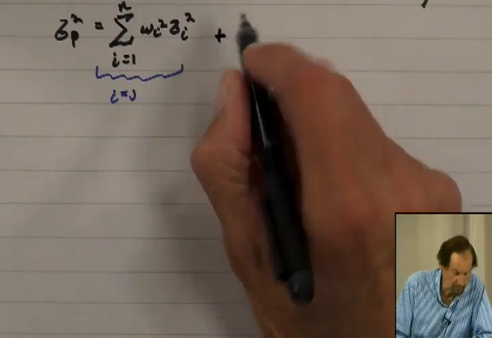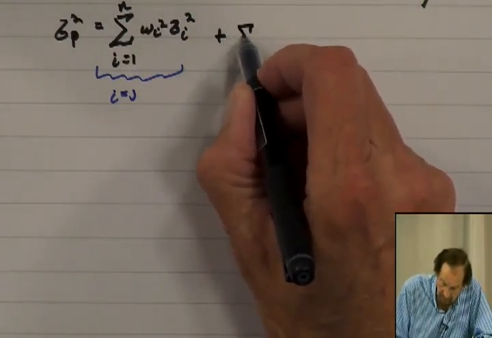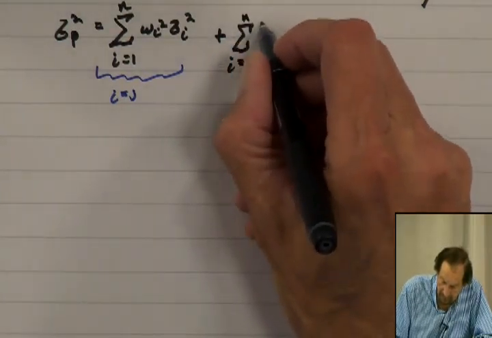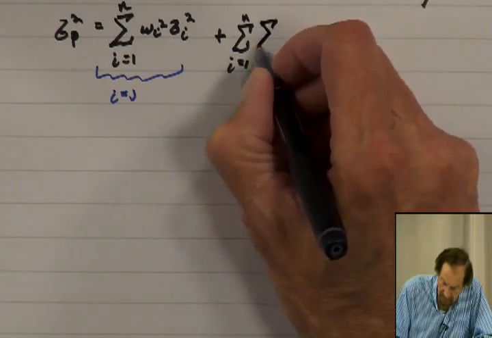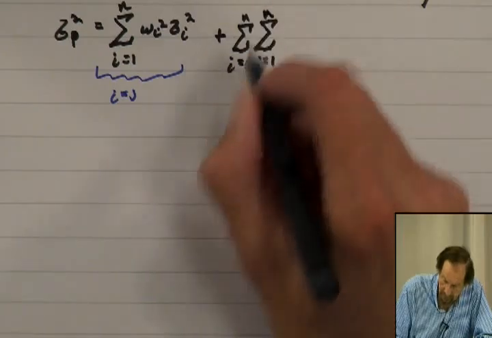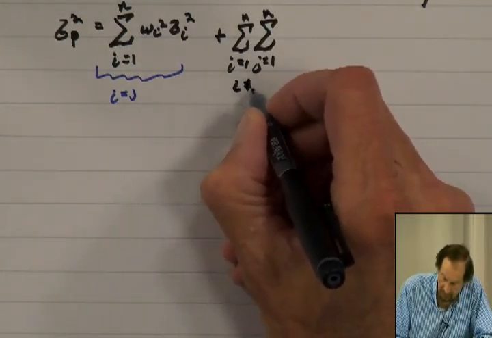Plus our double summation, i equals 1 to n, j equals 1 to n, and it must be true here that i is not equal to j.